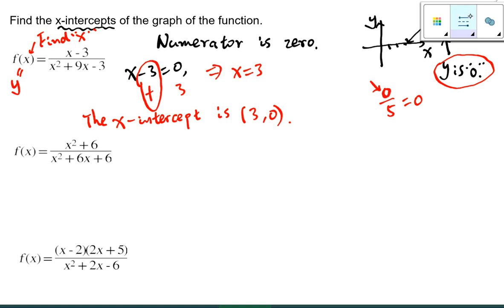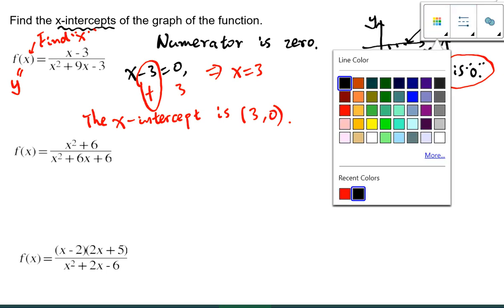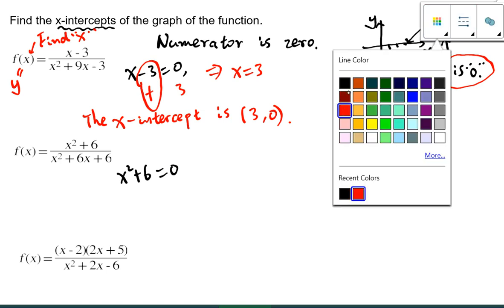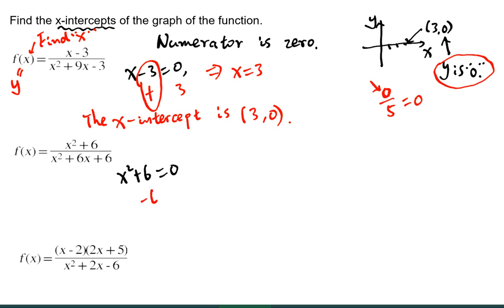Now, how about the second one? You want to have x squared plus 6 be 0. If you solve for that, for x, then what do you get? You cancel positive negative. You will have x squared is negative 6, which is what? Impossible.